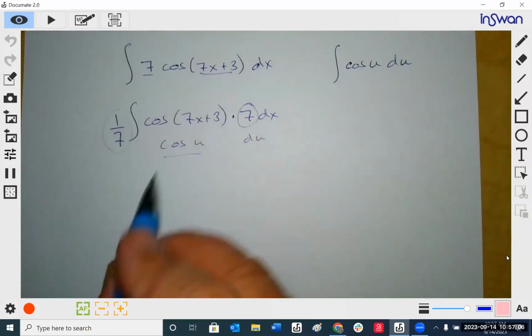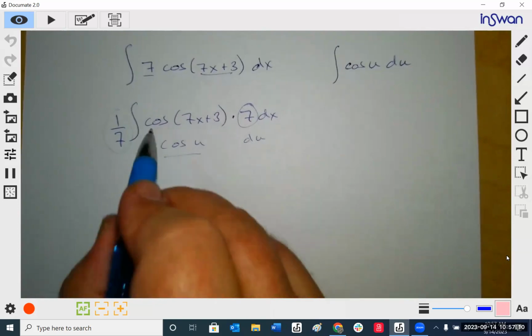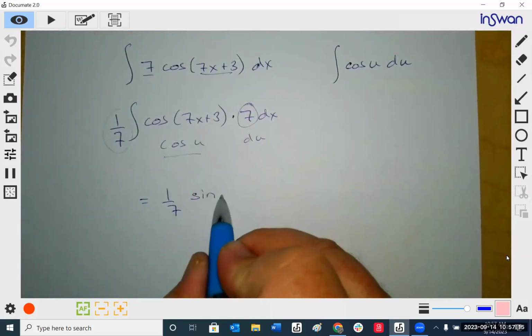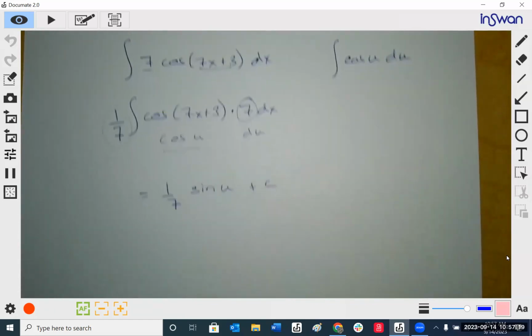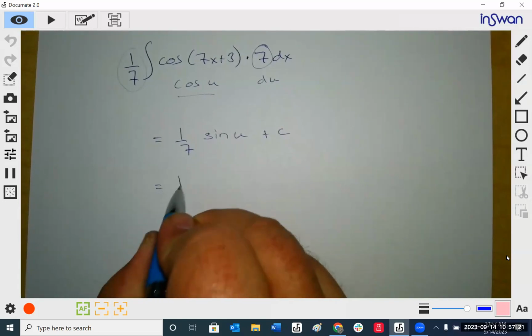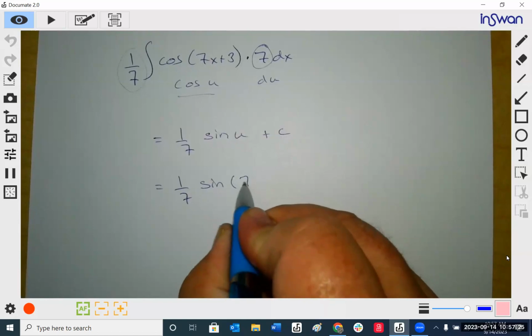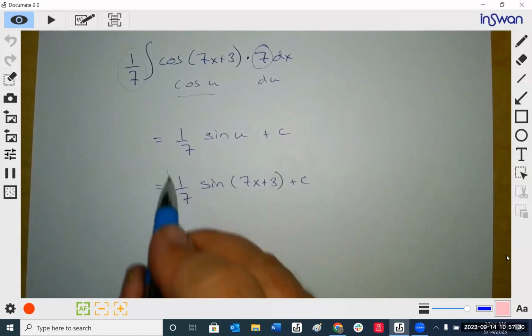So our final answer, we have 1/7 times the integral of cosine, which is sine of u plus c, which is 1/7 sine of 7x plus 3, plus c.